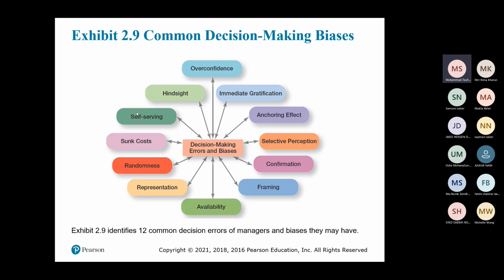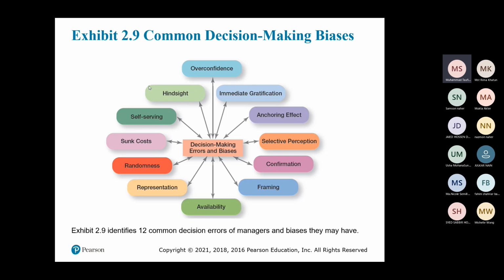So this figure shows you the common errors that you can make as a decision maker when you want to make your decision. These are the 12 common mistakes that you can make as a decision maker.